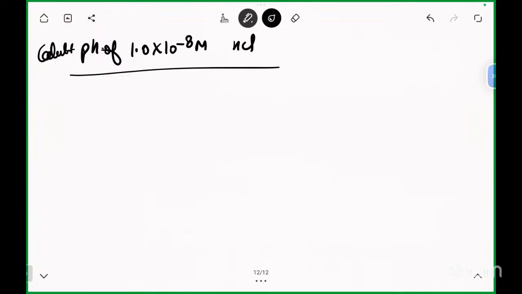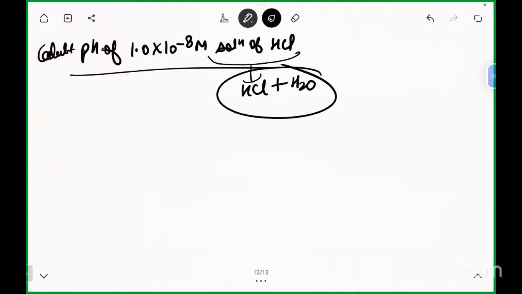So in this question, something more is given, something different from the last one. Calculate the pH of a 1.0 into 10 to the power minus 8 M solution of HCl. If I'm talking about the solution, it means the solution contains HCl and water.